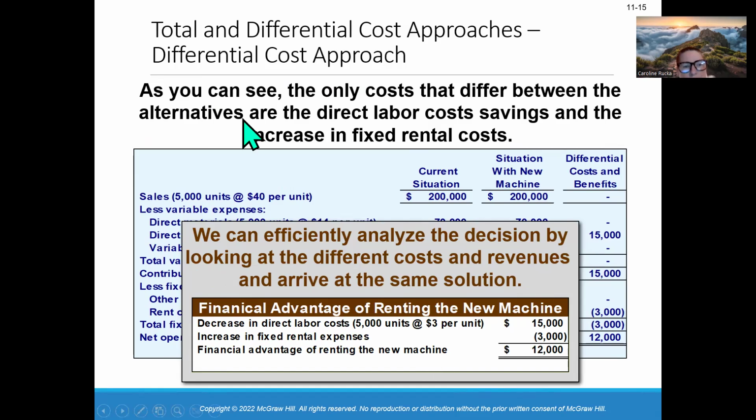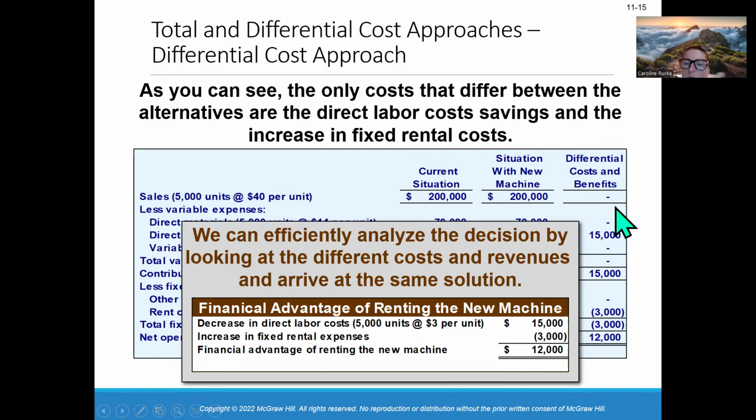The only costs that are going to be different between these two alternatives are the direct labor costs, because now you have this machine, so you don't have to pay as much in labor, and the rental fee on the machine. So really, you could shrink this down to saying the decrease in direct labor cost is 15,000 and the increase in the rental expense is 3,000, so the difference is 12,000.